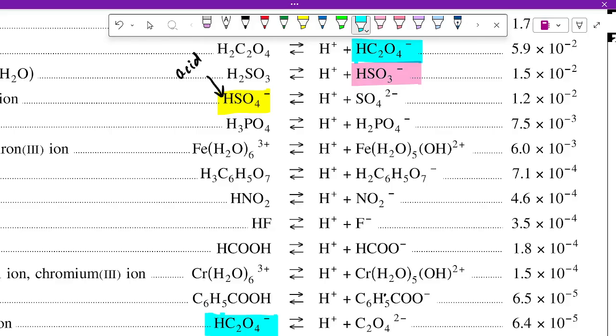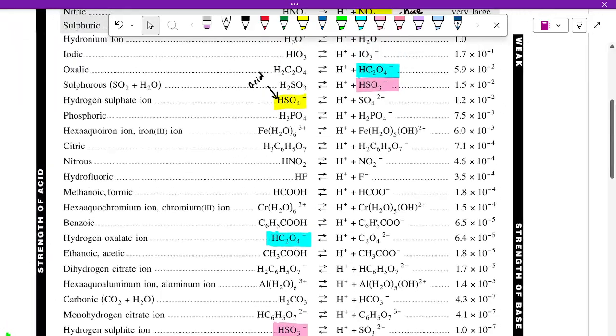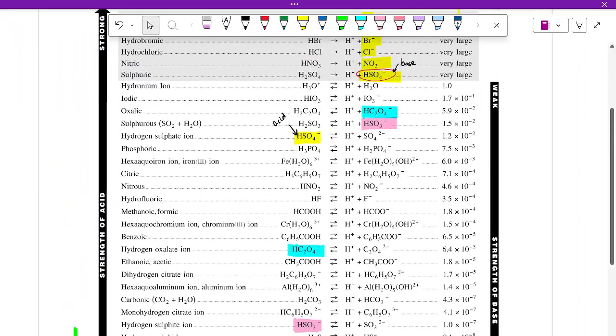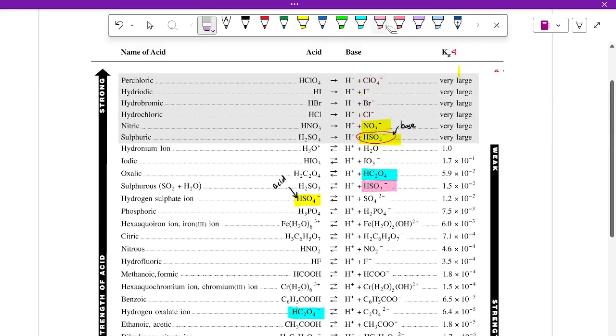Okay. Let's go find HSO3, the pink one on the other side. Where is HSO3? On the left-hand side. Yeah, we got 1.0 times 10 to the negative 7. Okay, so here's our HSO3. Now, out of those ones, let me get rid of the ones that aren't amphiprotic.